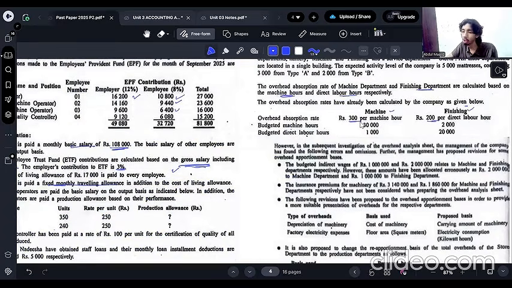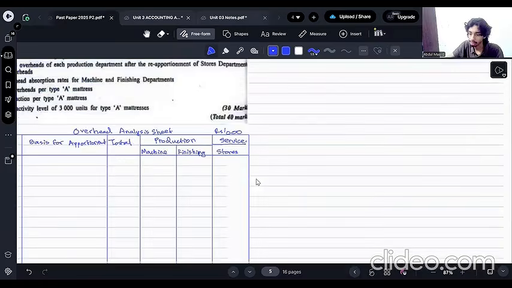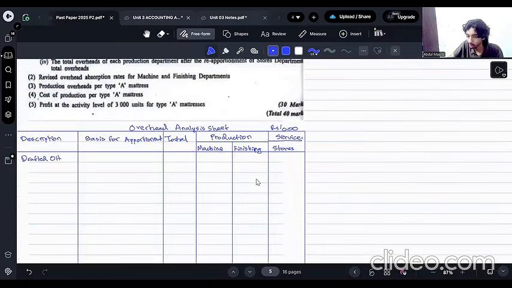Now how to find the total overhead of machine department? Machine department OAR is calculated based on machine hours. OAR 300 per machine hour into total machine hours 30,000, overhead will be 9 million. You can write it in thousands, so machine department 9,000.